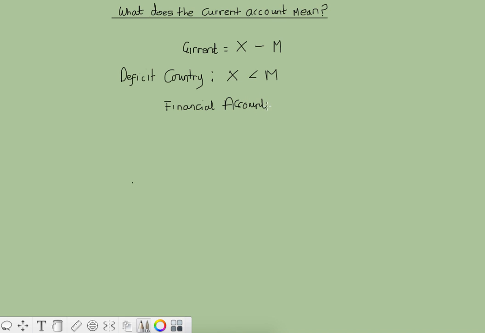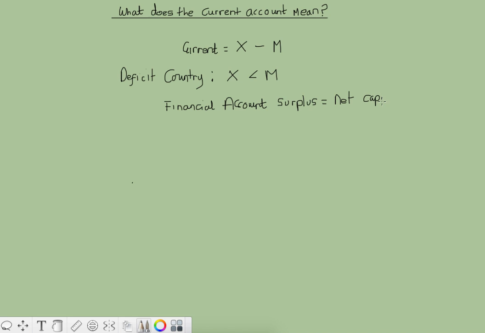Sometimes the national monetary authorities get involved too, which I'll talk about in a minute. But assuming the national monetary authorities are not involved, we have a financial account surplus, also known as net capital inflows.